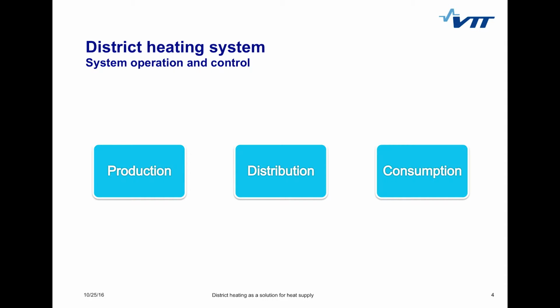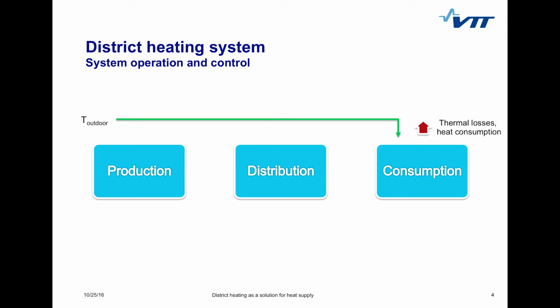So how does a district heating system with these three familiar main elements actually work? Heat consumption depends mainly on outdoor temperature due to thermal losses. The outdoor temperature is also an input for the control system regulating temperatures in a heat distribution system within a building, supplying heat to the heated space itself.